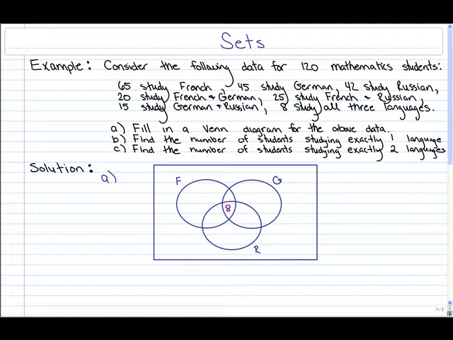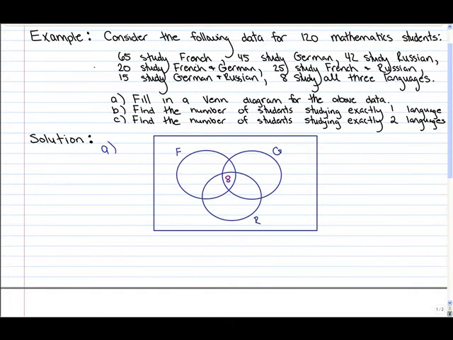Now, with that, you're going to use that information to fill in the rest. I would start off by figuring out who studies, say, French and German. So who studies two languages now? Well, French and German is this shaded region right here that I'm shading. I want to figure out how many people study French and German, which says here 20. But of those 20, 8 study all three.